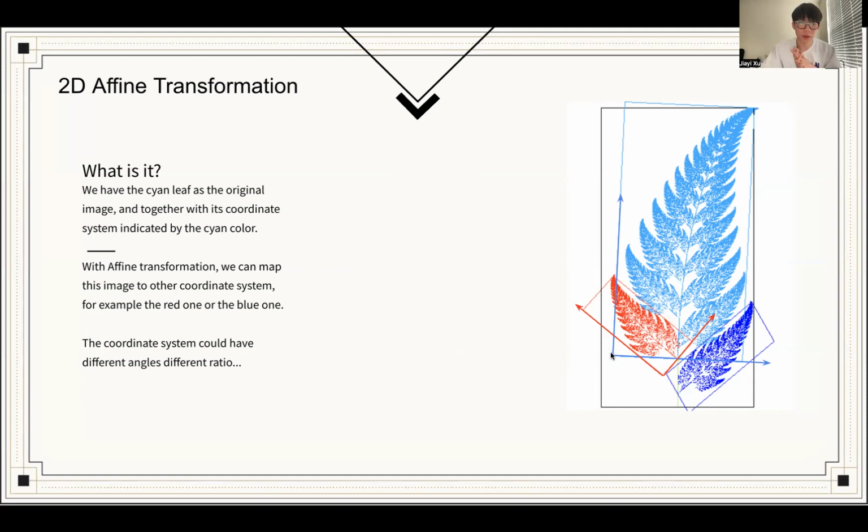With the affine transformation, we can map this image to other coordinate systems, for example the red one and the blue one here. As we can see, the affine transformed coordinate systems of the red one and the blue one don't necessarily have the same angle as the original coordinate system. So we can do different things like scaling and changing the shape of the images and a lot of things.